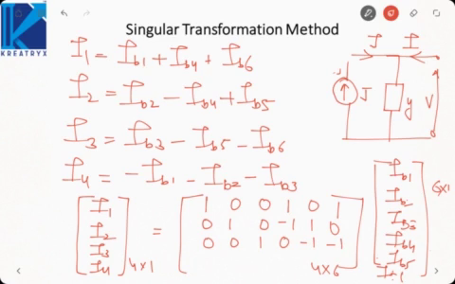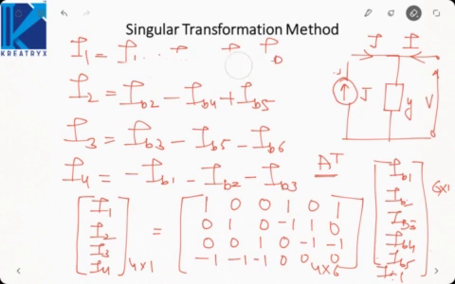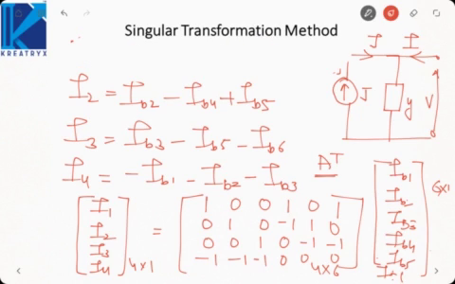Then minus 1, 2 and 3: minus 1, minus 1, minus 1, 0, 0, 0. This, if you observe carefully, is actually A transpose. That means I bus is equal to A transpose into I branch.